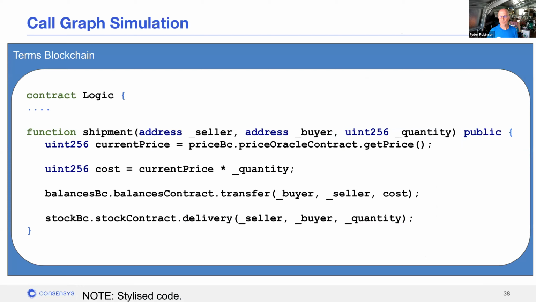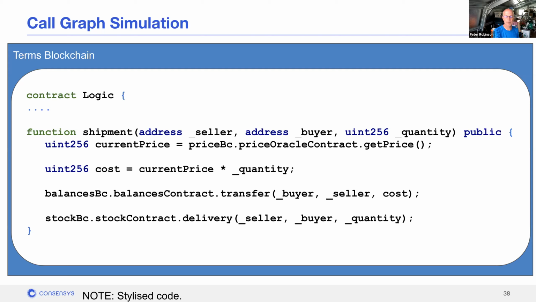And call graph simulation, you've got to think about, say, when we're here and we've got the Oracle contract and we're getting the price, then that price is then passed in and multiplied by the quantity to get the cost. And then that cost is a parameter that's passed into the transfer function.